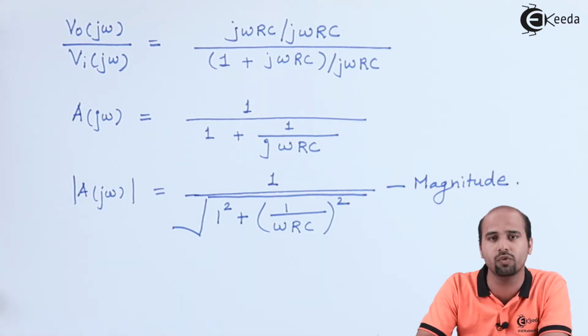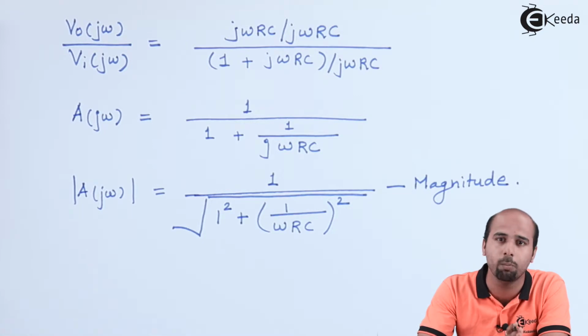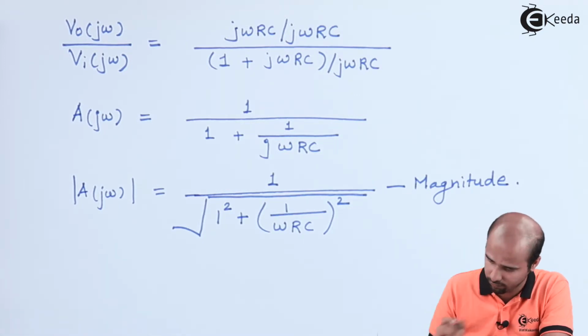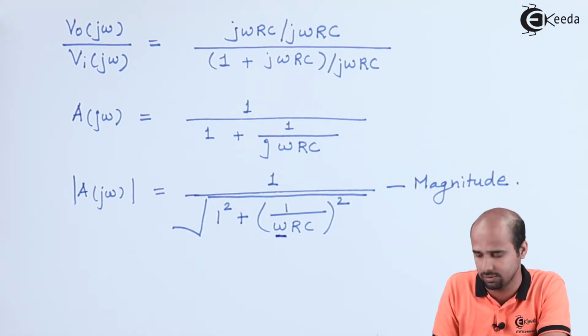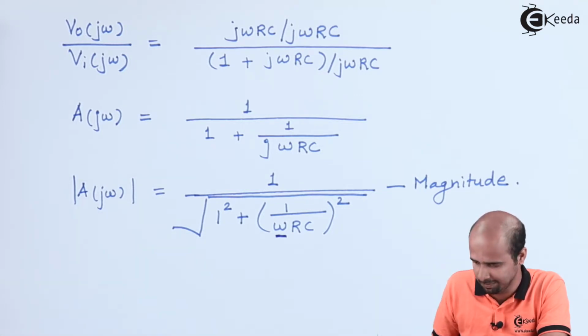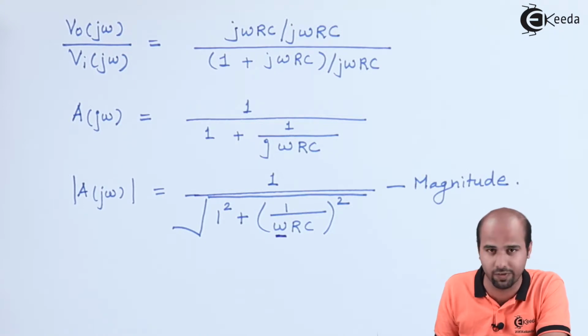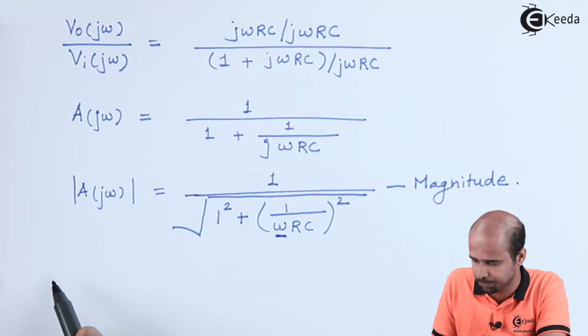Now when we are looking for the variation of the gain with respect to frequency, actually we are plotting the magnitude term of the Bode plot. We will take the variation of gain with respect to this omega, and we will get to know that this will really work at high frequency. Let's take case by case.